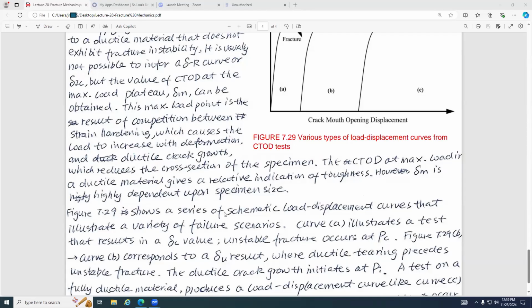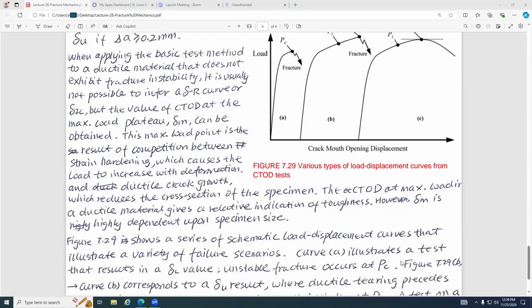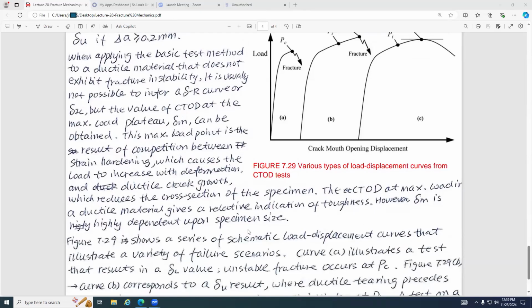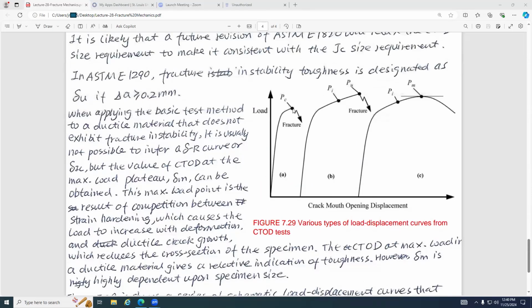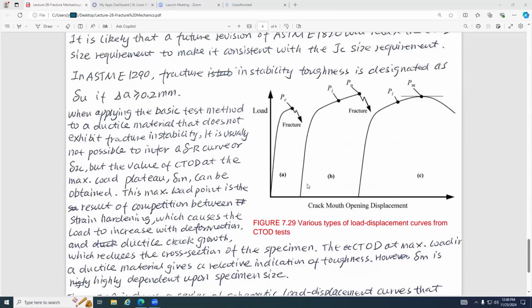For the first curve, you can see here, at this point, it fractures. The first curve illustrates a test that results in a critical delta C value. Right? At this point, our target point, it fractures. Unstable fracture occurs at PC. After here, it goes down. Figure 7.29b, for this one, right?